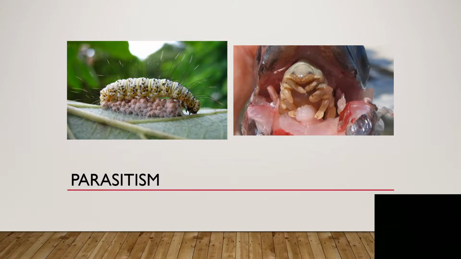This is where one organism benefits from the relationship while the other one is either harmed or killed by the relationship. So in the first picture here, we've got the caterpillar, which has been infected by the parasitoid wasp.